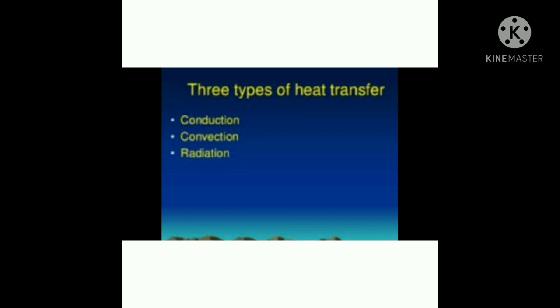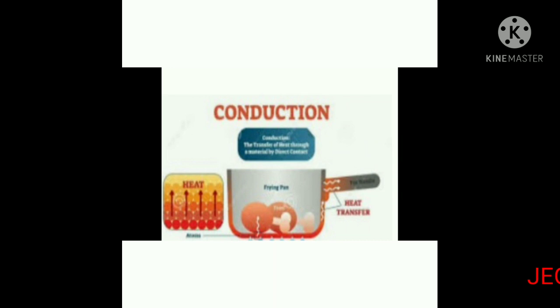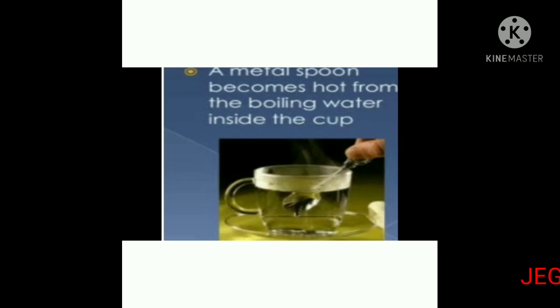There are 3 types of heat transfer: conduction, convection and radiation. The first one is conduction. Take some hot water in a cup and put a silver spoon in it. Leave the spoon inside the water for some time.